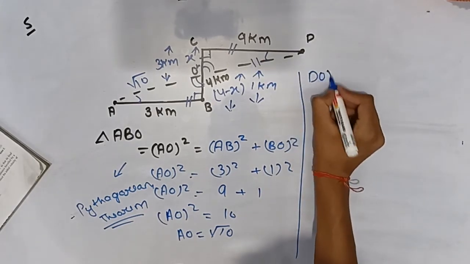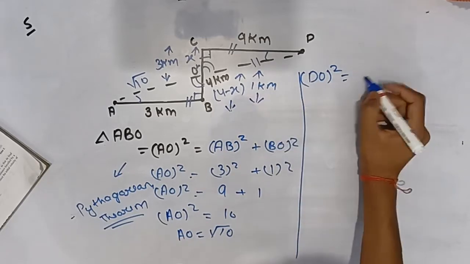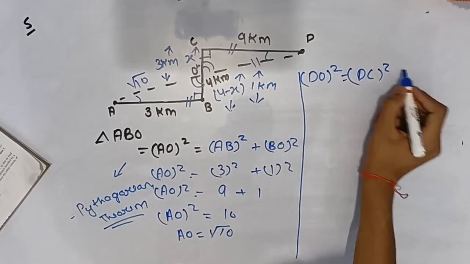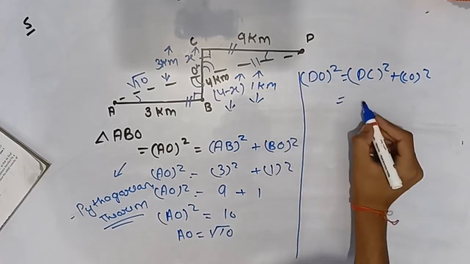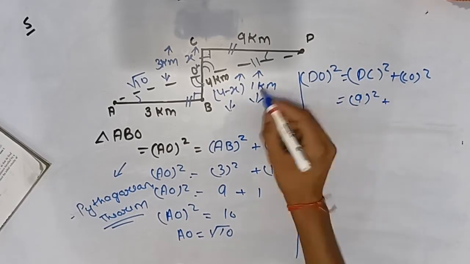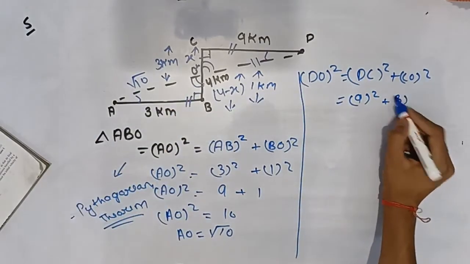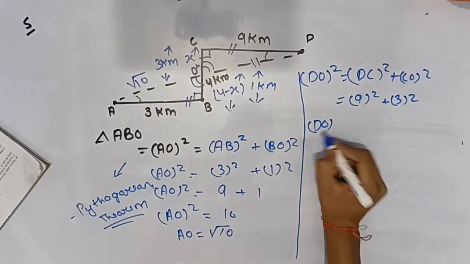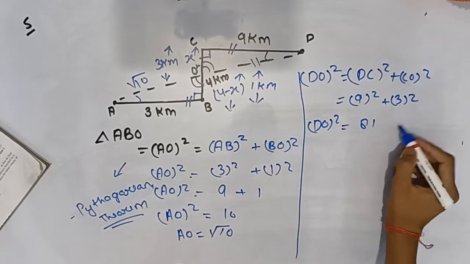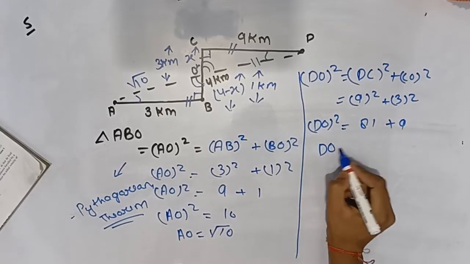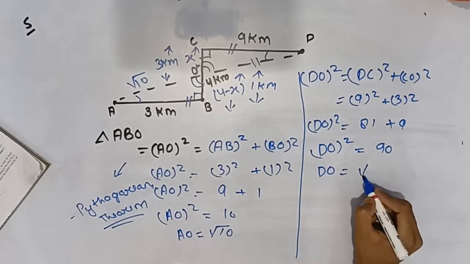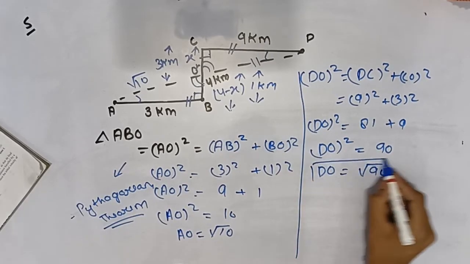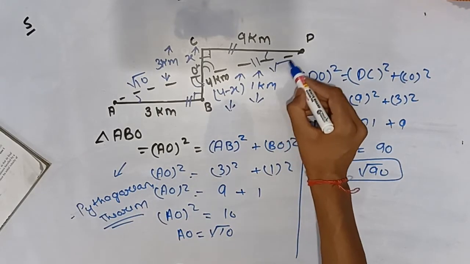So we will take DO square is equal to DC square plus CO square. So DO square is equal to 9 square plus 3 square, 81 plus 9. So DO square is equal to 90 and DO is equal to root 90. So we got this value as root 90.